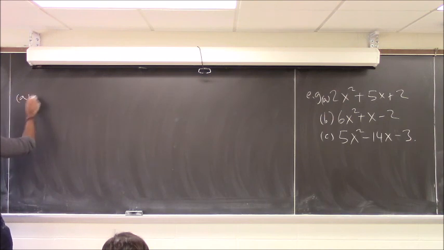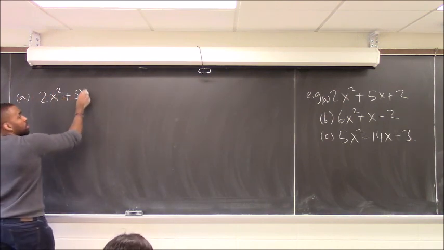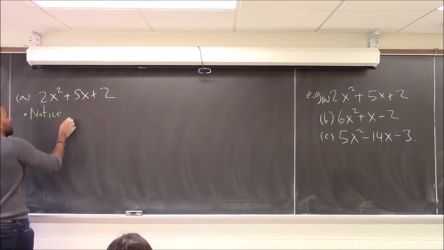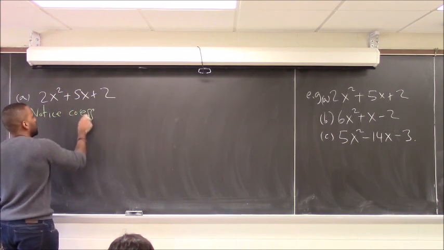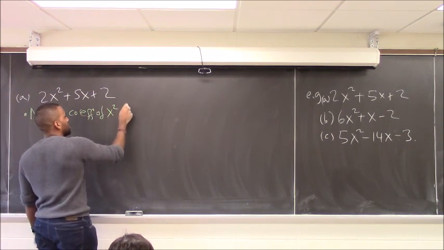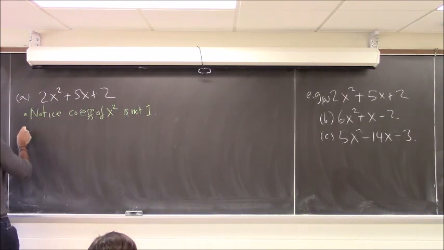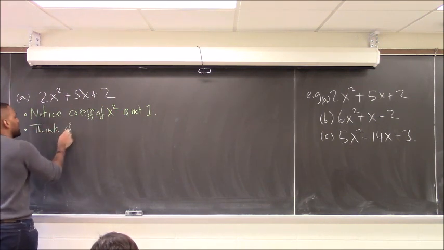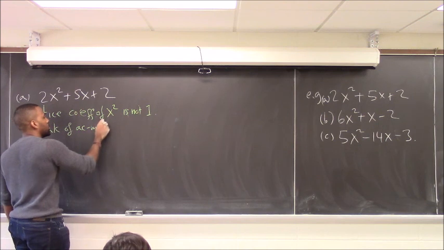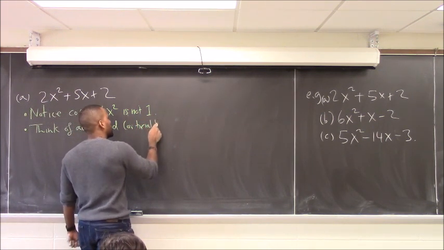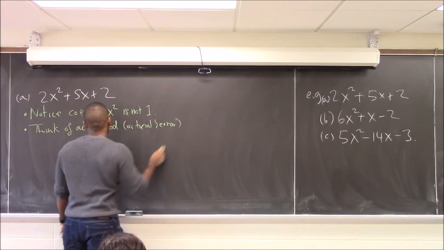So, A. Notice the coefficient of x squared is not 1. So the second thing that goes to your mind is think of the AC method, or trial and error. Of course, the focus here is the AC method.